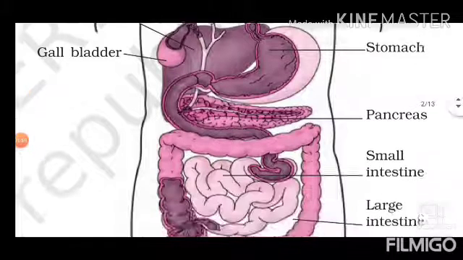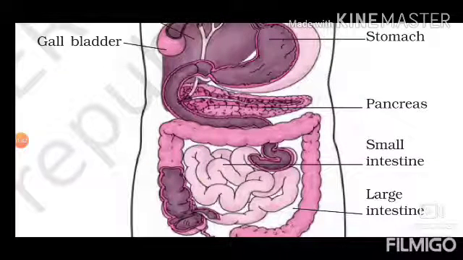The small intestine has small finger-like structures, which have blood vessels and nerves, and they help in absorption of nutrients through the walls, and then it is let into the stream of the blood.